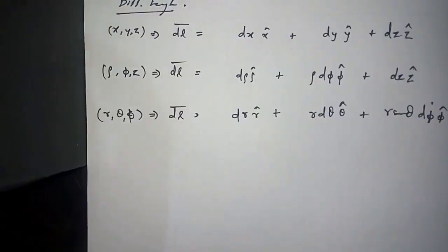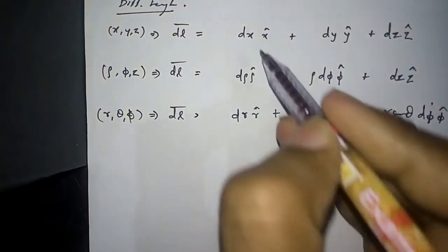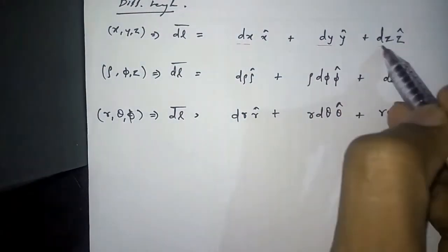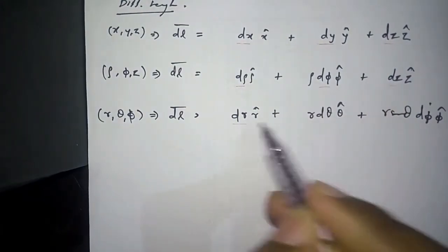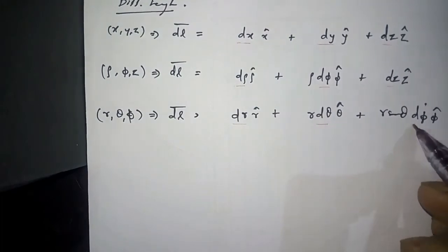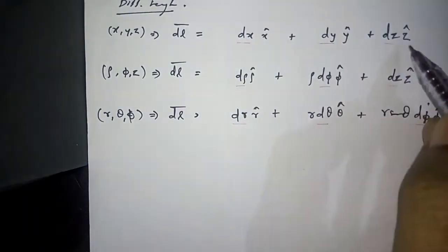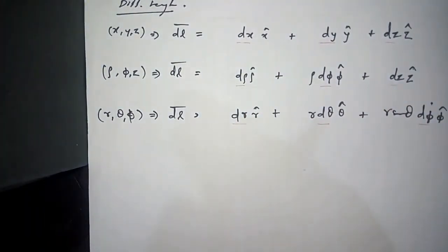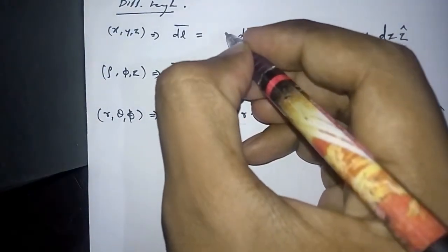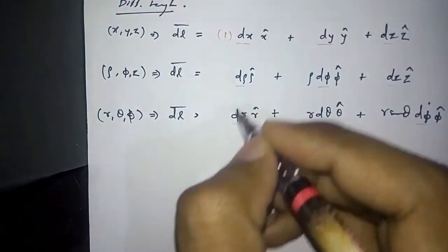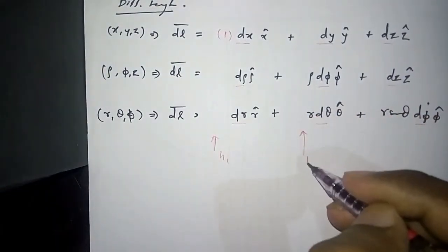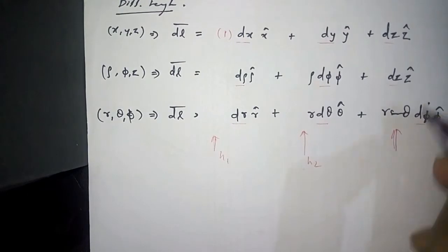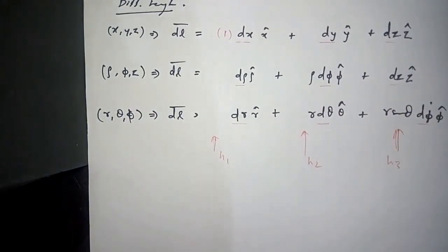Okay, so the coefficient of dx dy dz, d rho d phi dz and dr d theta and d phi, so coefficient of these things we will call it as h. Here we have h1, here h2, and the coefficient of these three we call it h3.